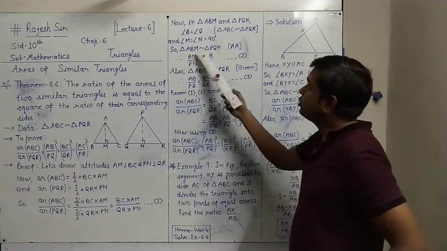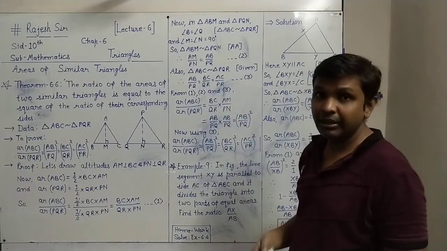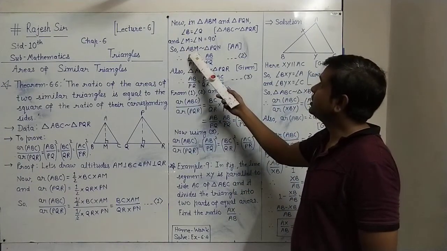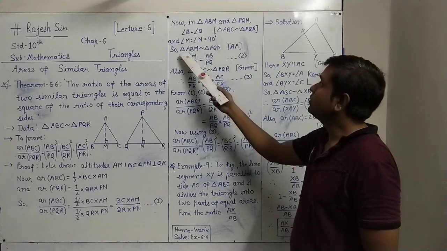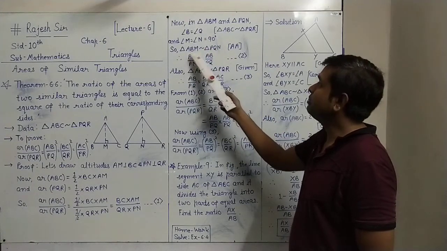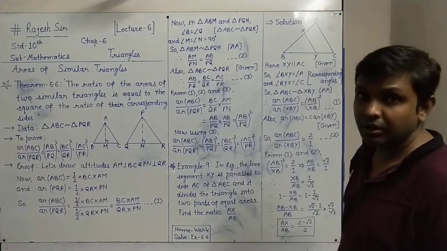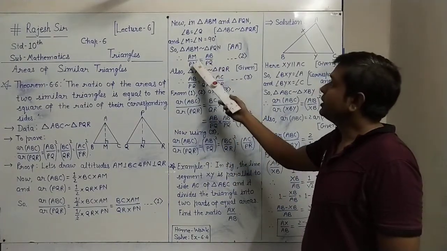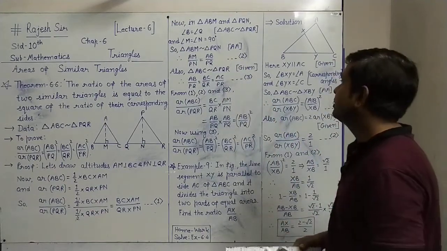Now once these two triangles are similar, their corresponding sides are in proportion by definition. AM is the third side of this and PN is the third side of this. So AM upon PN equals AB upon PQ. The corresponding sides are in the same ratio. Call this result 2.